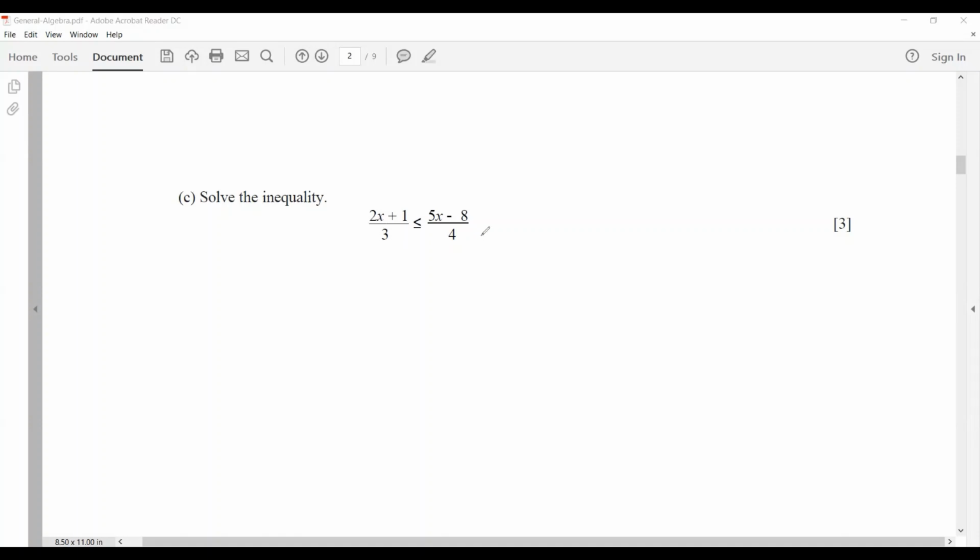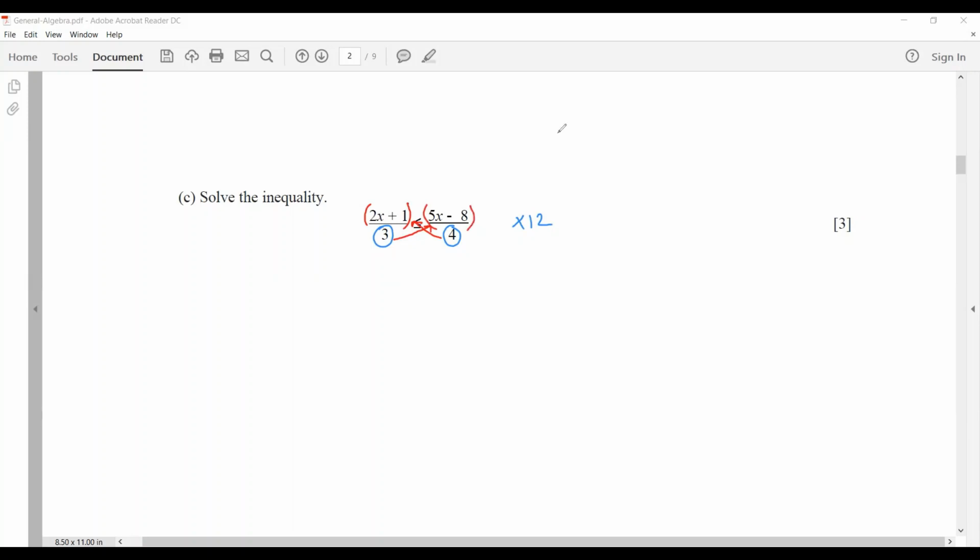This can be done by multiplying both sides by the LCM of these two, which is 12. So I multiply everything on both sides by 12. Or there is another way, where you cross multiply this 4 by the whole bracket here, and this 3 by everything here. So either way, the answer would be the same.